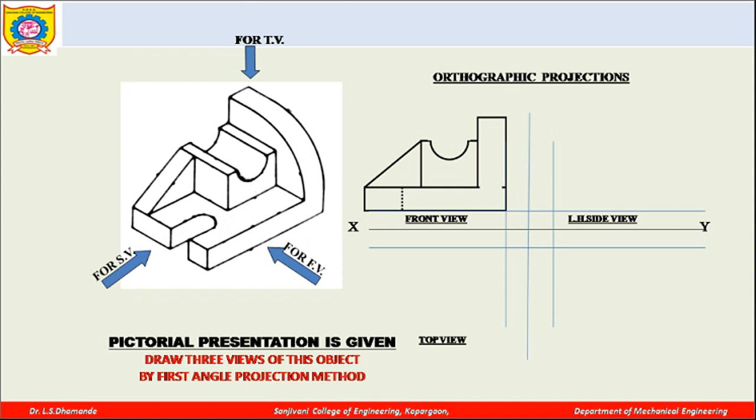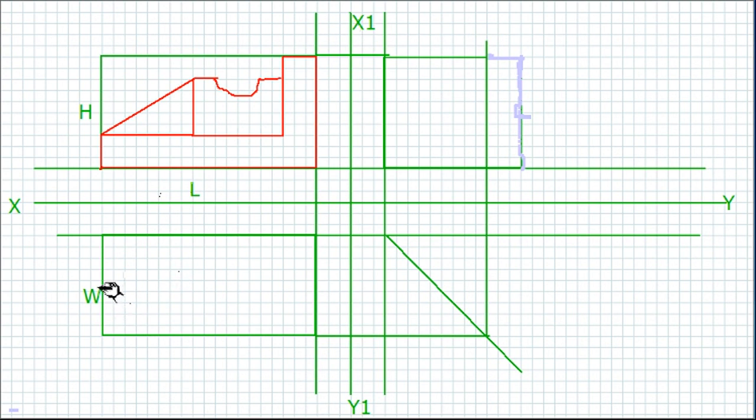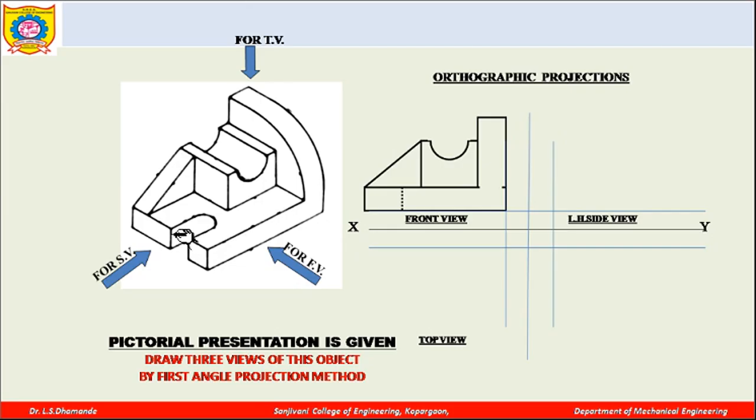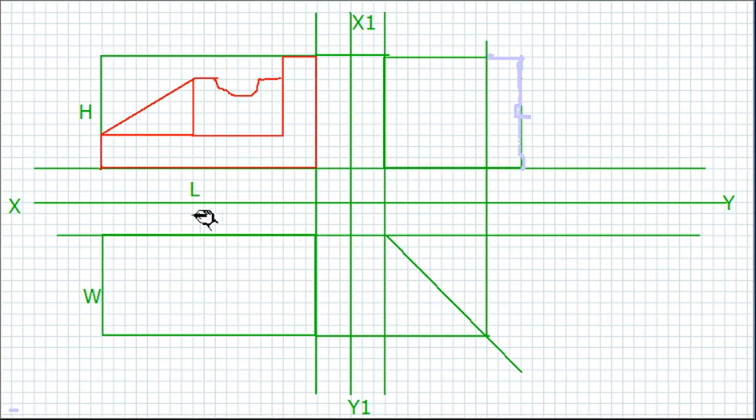So when we complete this particular top view, at that time we can mark that particular dimension, or if we know the length of that particular slot, if you know the depth of it, if you know this distance, we can consider this distance and draw that hidden line there. So let us consider that this distance is here, so we will be drawing that hidden line. It will be like this. Okay, so this way you have completed the front view.